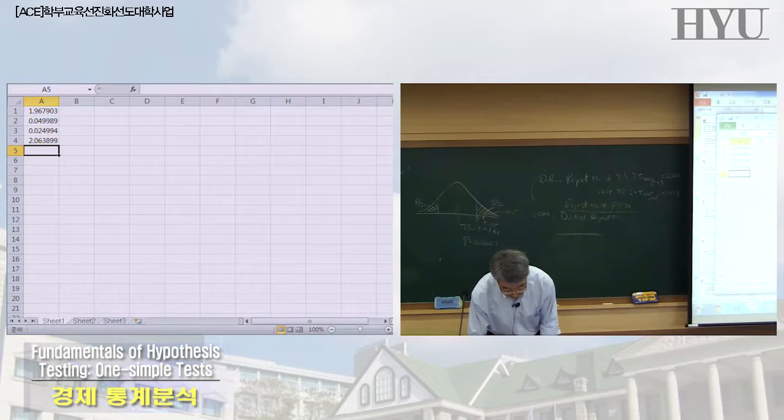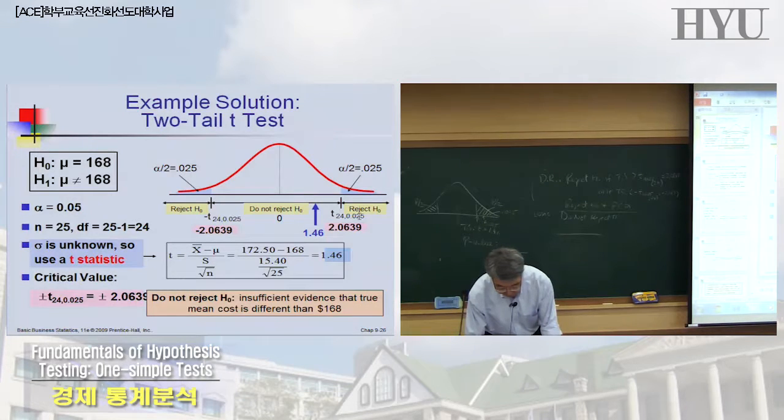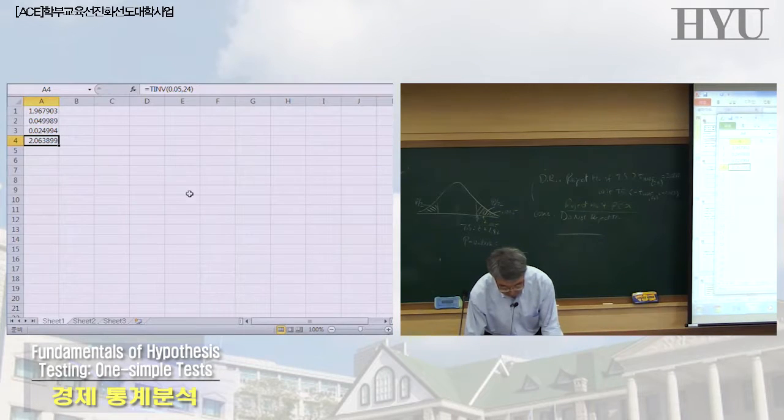Yeah, okay. So it assumes the two-tailed test. So if you have alpha level 0.05, you give 0.05 with the degrees of freedom 24. It gives you the critical value for the two-tailed test.